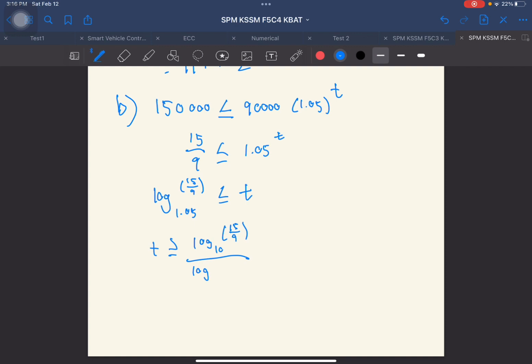Since the default base in your calculator is 10, so now just press the calculator and you will get 10.47. And since t can only be an integer, the minimum t equals to 11. We are done.